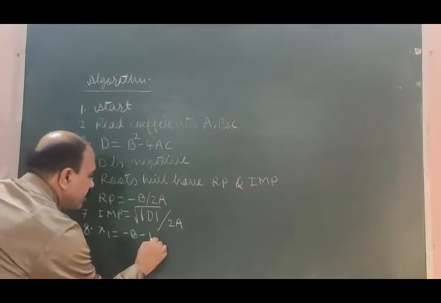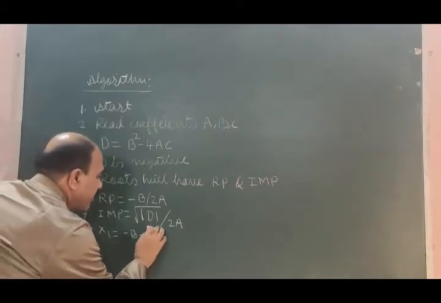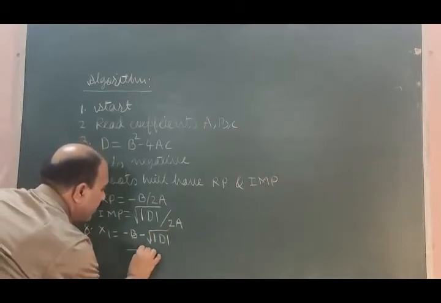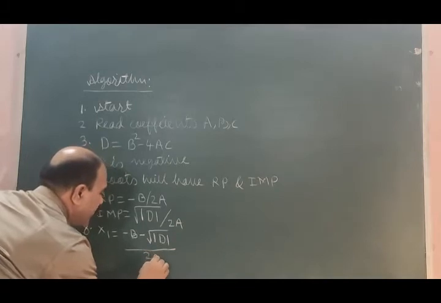minus square root of modulus of D whole divided by 2A.